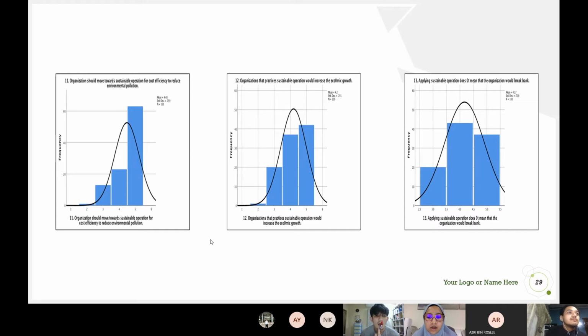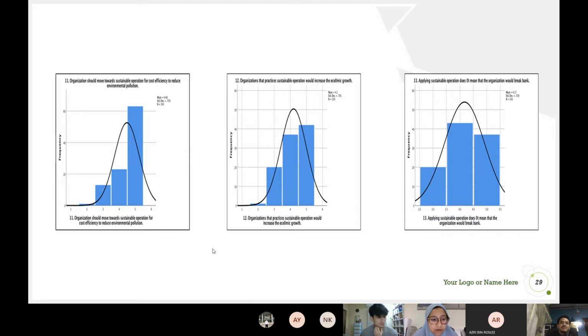Based on 100 respondents, 63% of them voted strongly agreed on this statement, that is, organizations should move towards sustainable operation for cost efficiency to reduce environmental pollutions. The lowest percentage, which is 1%, disagreed with the statement, and there is no respondent who voted for strongly disagree.